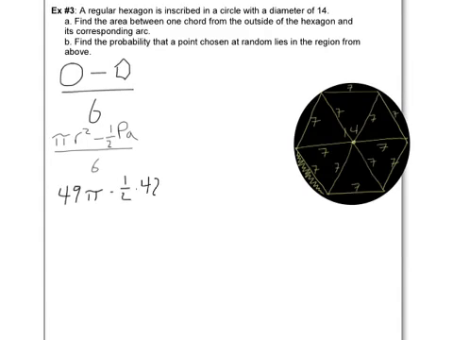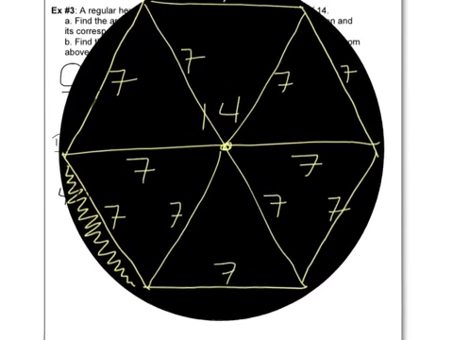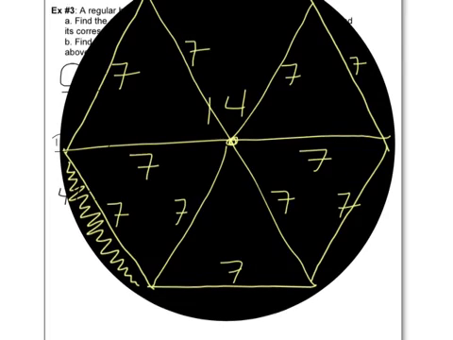And now we just need the apothem. Okay, so let's figure out what the apothem is. Let's go back to our figure here. Remember the apothem, see if I can get another bright color to draw in here. The apothem goes from the center to the center of one of the sides.